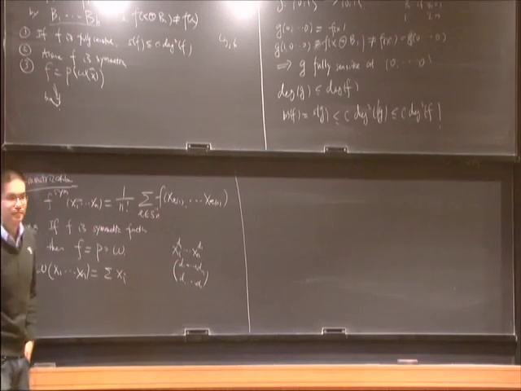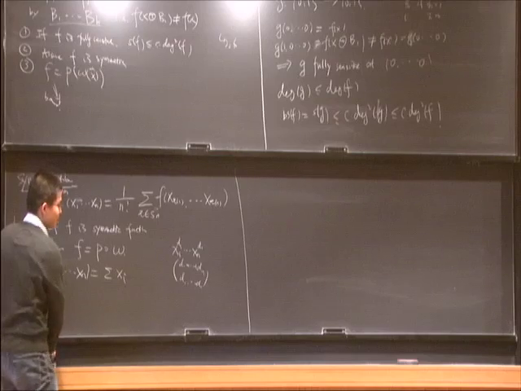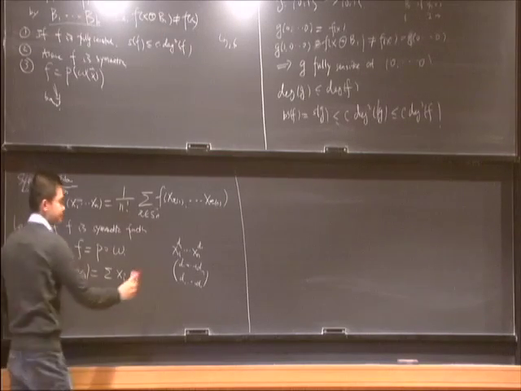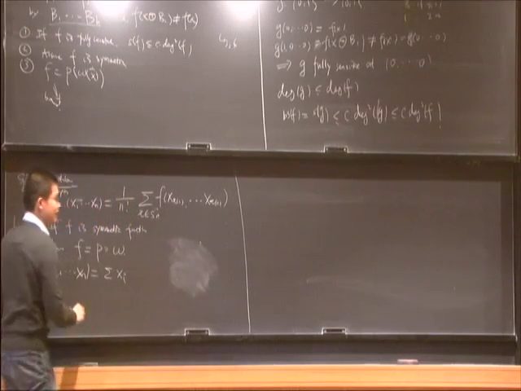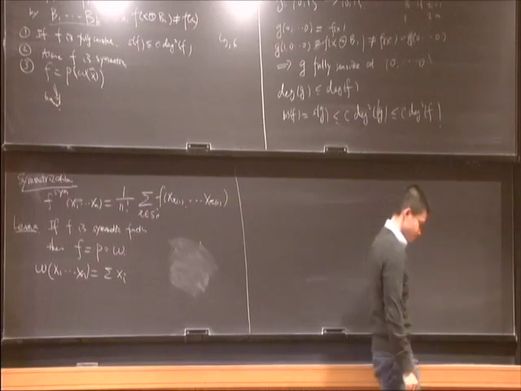Now I'm working over the reals. I'm not doing anything particular with the Boolean function. This degree is the degree over the reals.